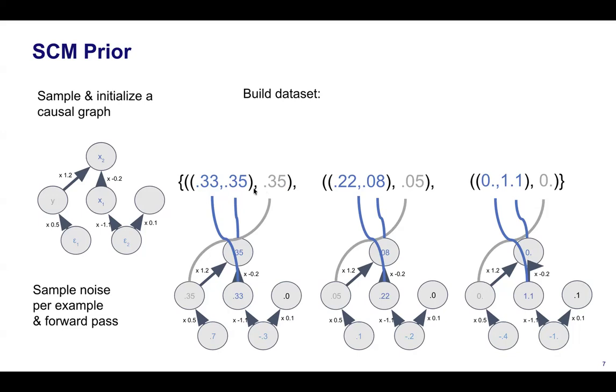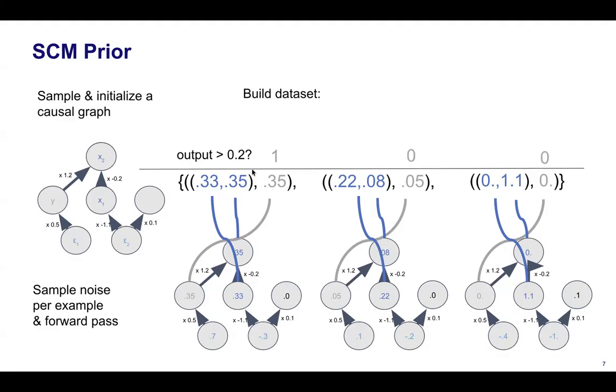And once we have this, we essentially get the pair of a single data point. And once we have those, we essentially have now 3 rows in our tabular data set. So one graph essentially describes one table, and by propagating different random noise throughout the same graph, we can get different data points for the table.